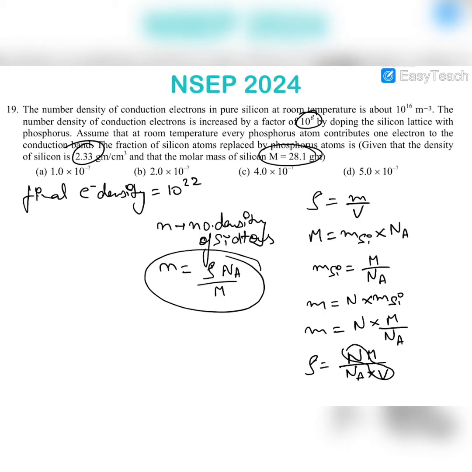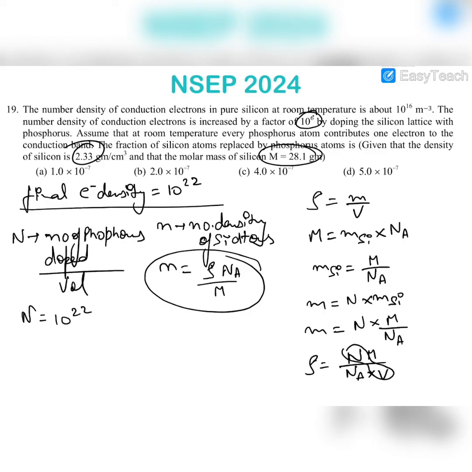So we can say that the number of phosphorus doped per unit volume will be equal to 10 to the power 22, which is the electron density, because each electron is contributed by one phosphorus.